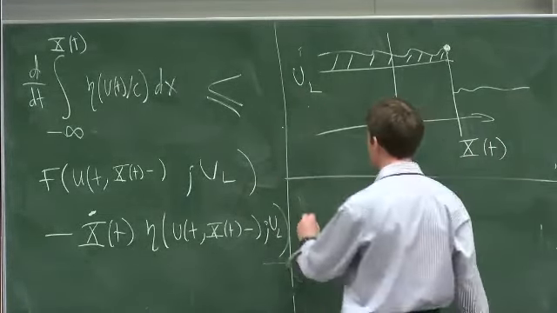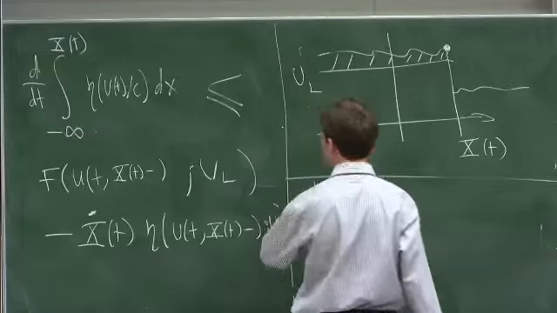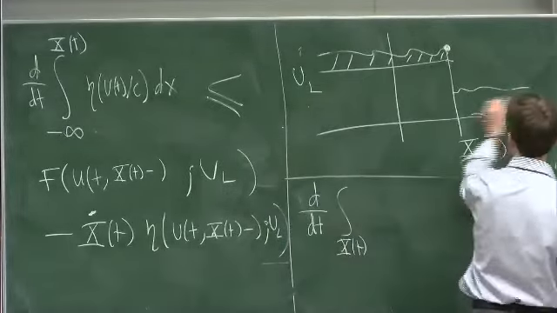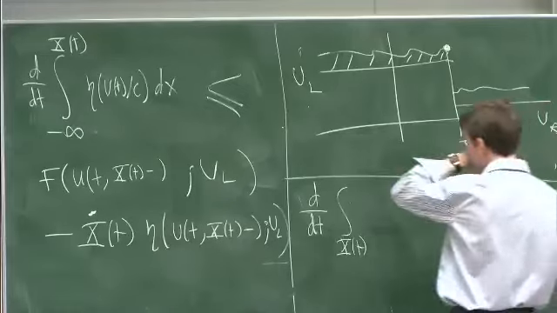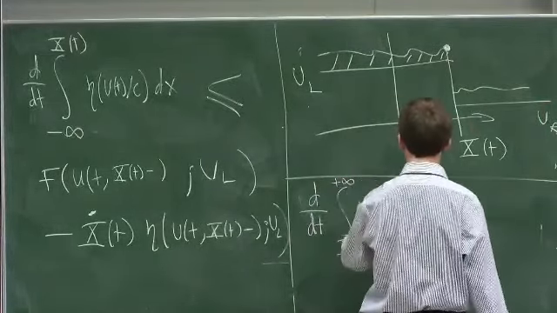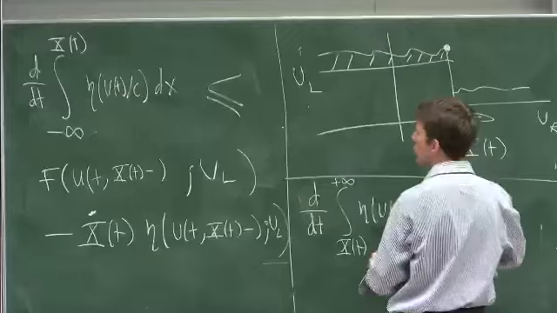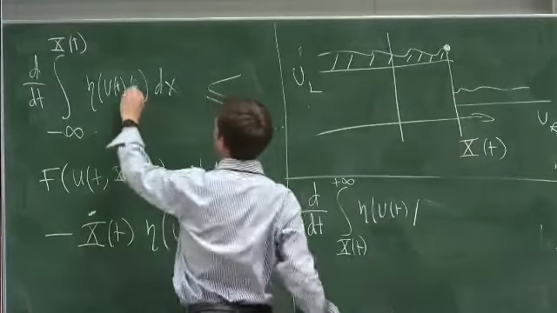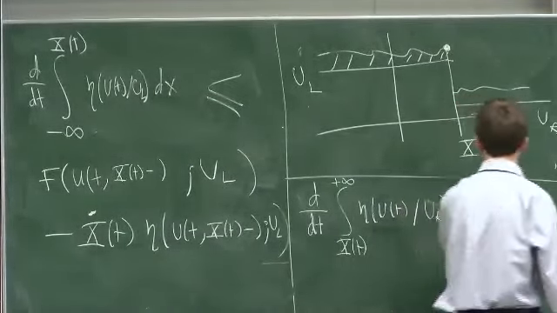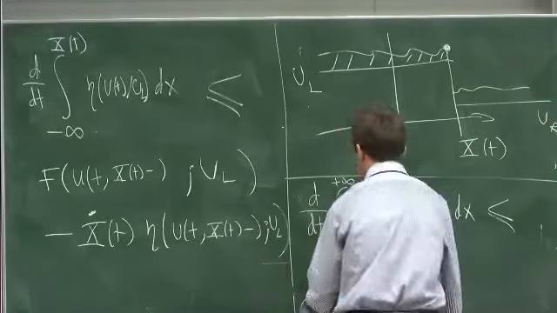And at this point, I can write the other one that I will use. It's on the right, and here is quite easy. It's the same thing. So it's d over dt of the integral between x of t and plus infinity of eta of u of t with respect to, so it was ul, now it's ur, dx, and now it's a minus sign, okay?